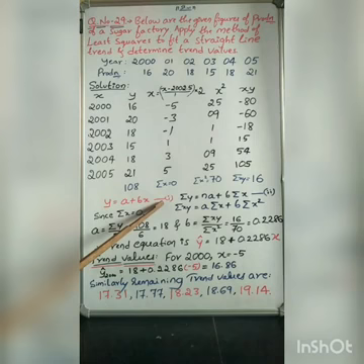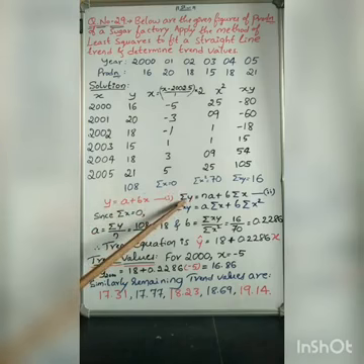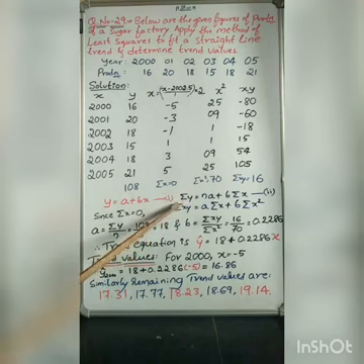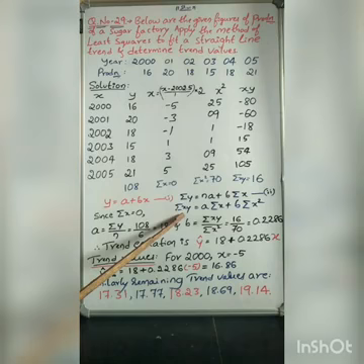And we already know the normal equations to solve for a and b: summation of y is equal to na plus b summation of x, and summation of xy is equal to a summation of x plus b summation of x square. How we obtained these two, in order to remember also, I told you in the last class. Once again let me tell how to remember these two equations.